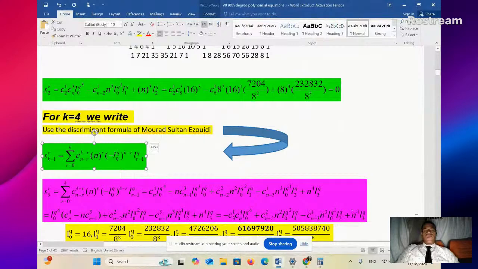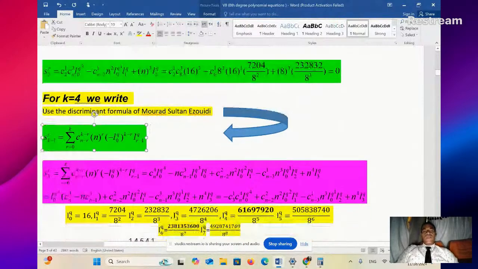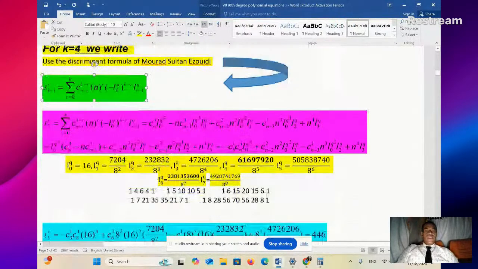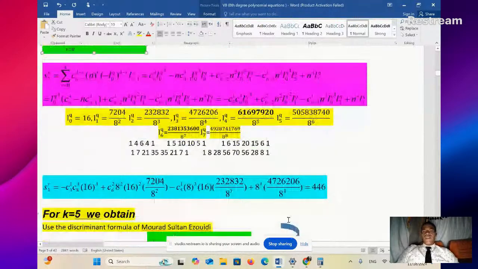Now just substitution, I'll just write this. So here, learners, you can see this one is negative combination 3 choose 1 times combination 8 choose 4 times 16 raised to the power 4, plus combination 6 choose 2 times 16 squared. 8 squared divided by 8 squared will be 1 times 7,204, minus combination 5 choose 1 times 8 cubed.